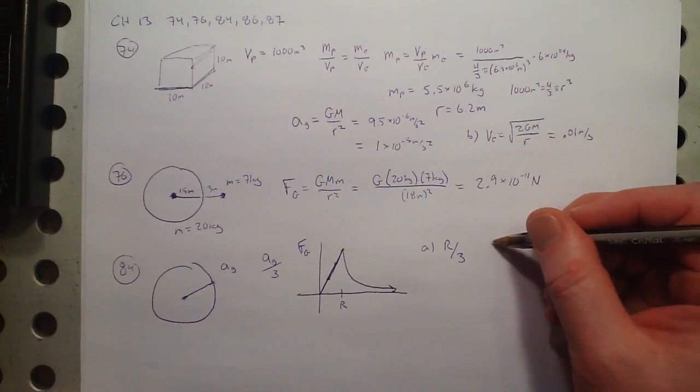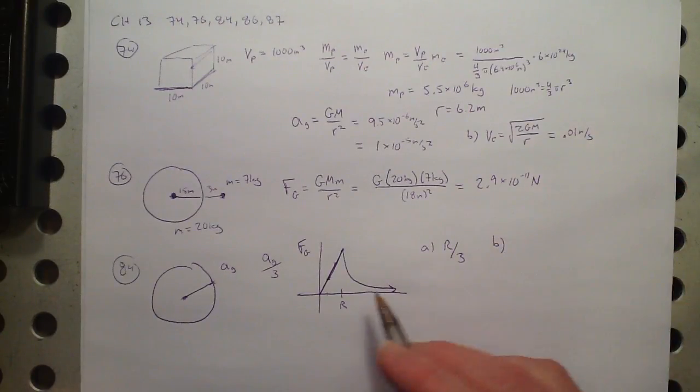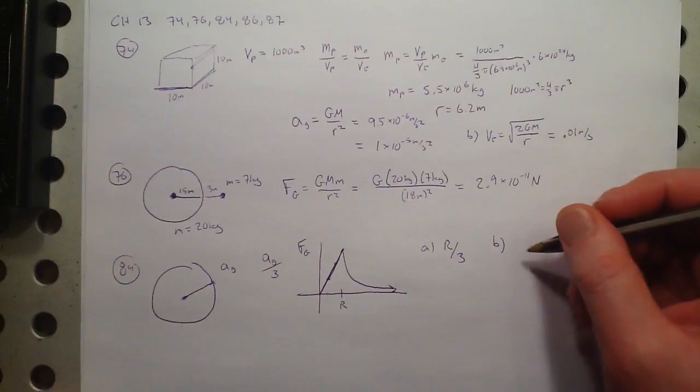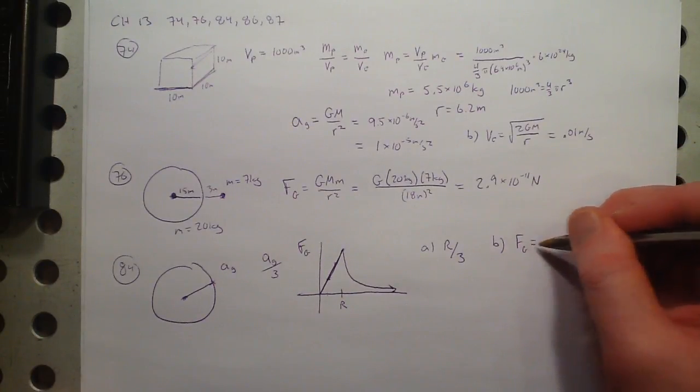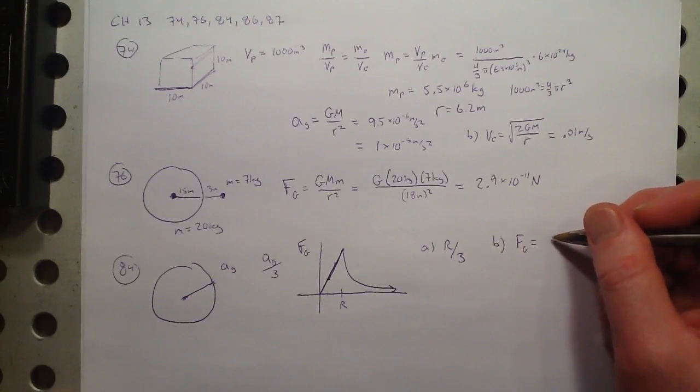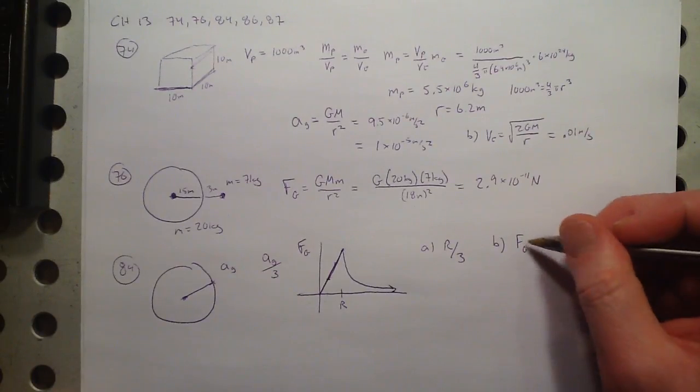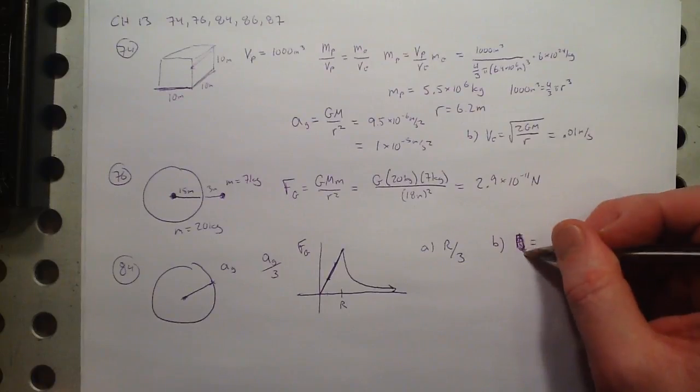And then if you're on the outside, we want to find a place on the outside, then the universal gravitational force is equal to, and actually we don't want to know about force really, do we? We want to know what the acceleration is.